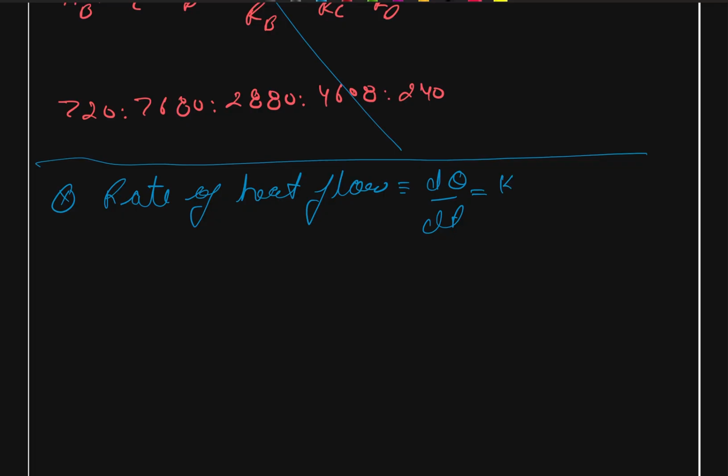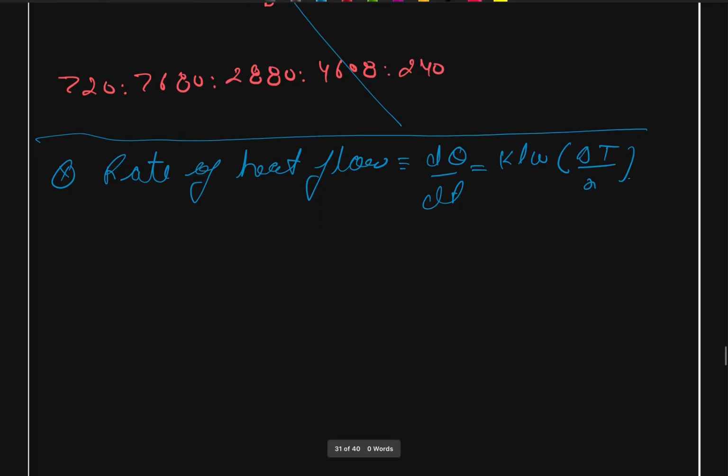This is our KLW, and our temperature divided by our length. Okay, here let me write L is the thickness, not the length. L is our thickness and X is our length. Okay. K is constant, W is our width.